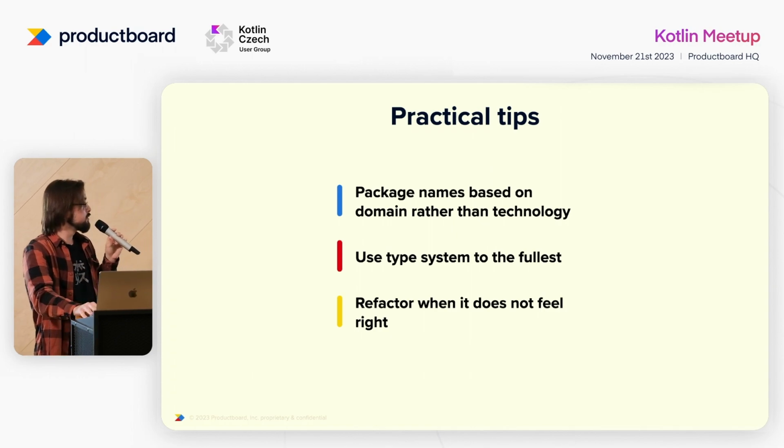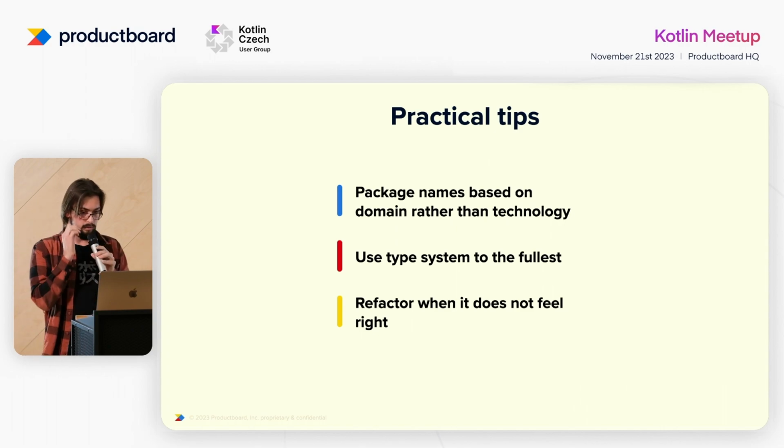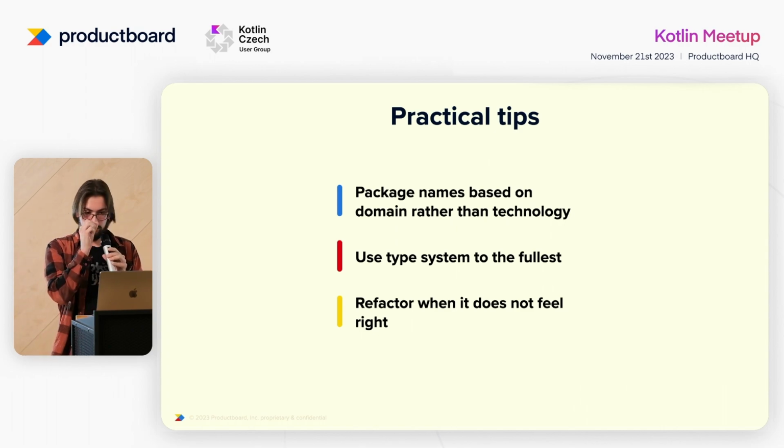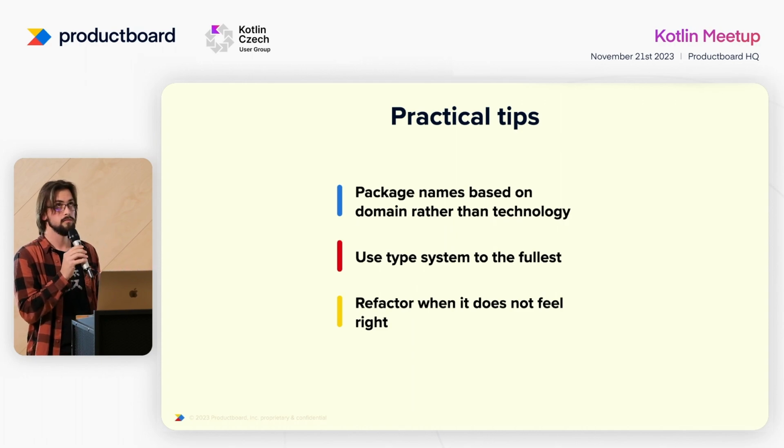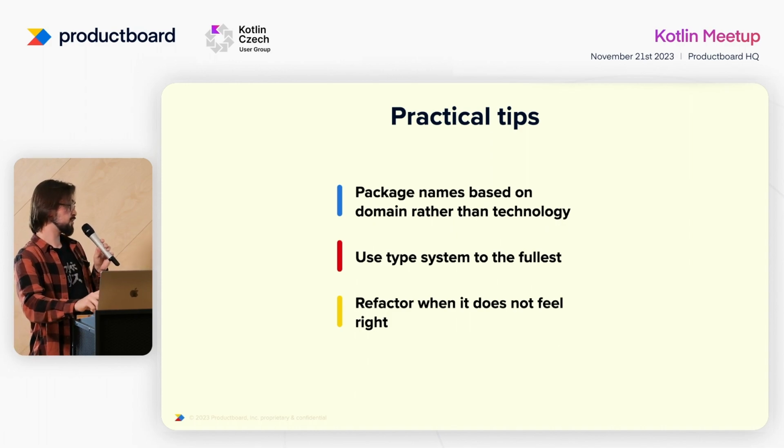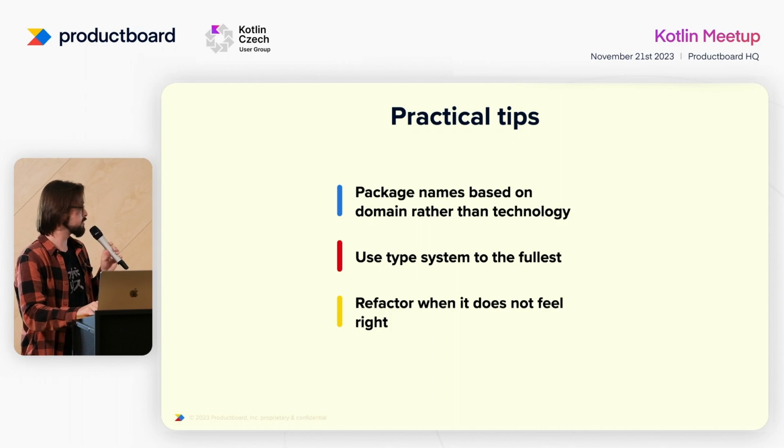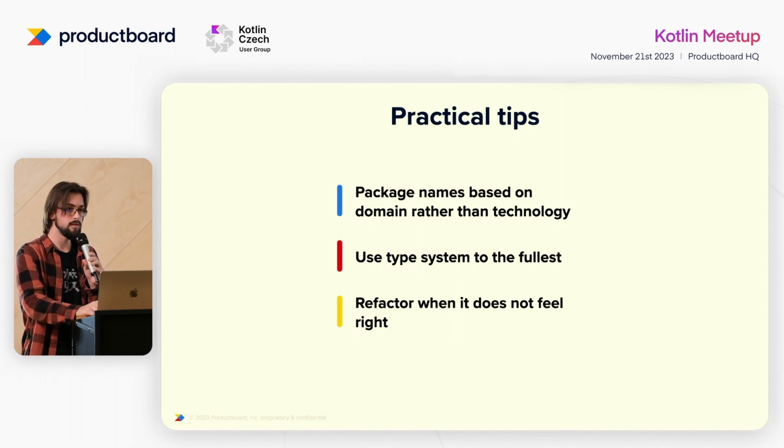Second one is use the type system to the fullest. This is an interesting one and is better explained with an example. Let's say you have an order entity coming to your code base and you need to validate it. So you usually throw it into a validator, and if everything is good, we're moving forward. If something is bad, we throw exceptions, returning errors, and explaining what's wrong. But what could you actually do if you would like to utilize the type system to the fullest?